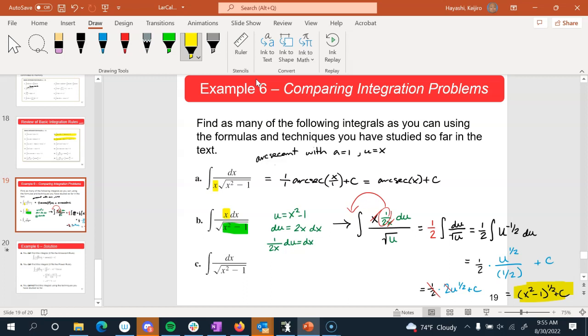So, just by having an x on the top instead of the bottom, it becomes a u substitution instead of an inverse trigonometric integral. They are completely different, even though it otherwise looks identical. So it's important to notice these patterns: first of all, does it fit a form that you already know?